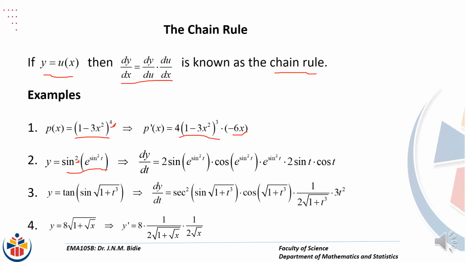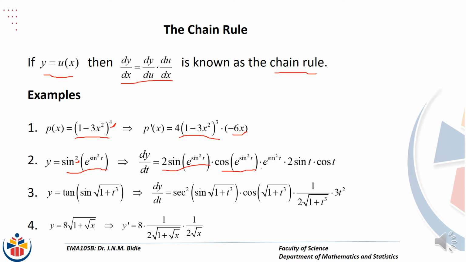So we start with the power, hence we get 2 sine of e to the power sine squared t, multiplied by the derivative of sine now, which we know should be cos. Remember, we have to take down the argument of sine. And then we go to the derivative of the argument. So we started with the power of sine, and then with sine, and then the argument of sine. The argument of sine is an exponential function, so we know the derivative of e to the power x just gives you e to the power x.